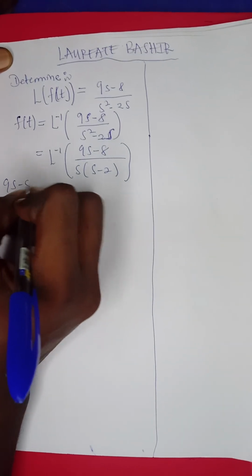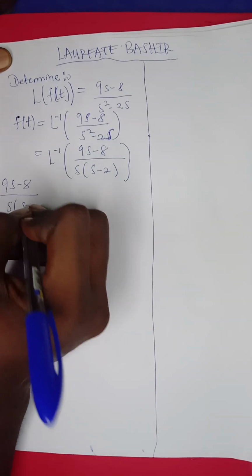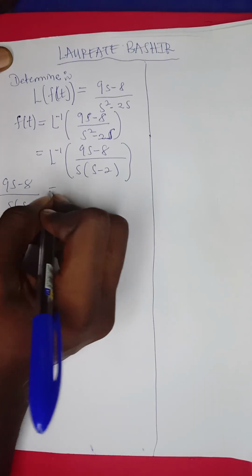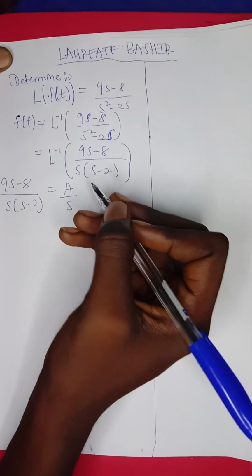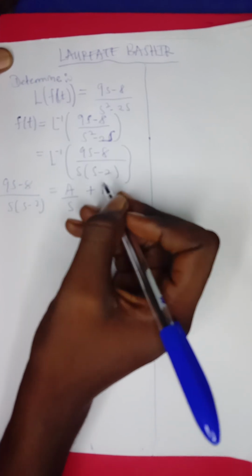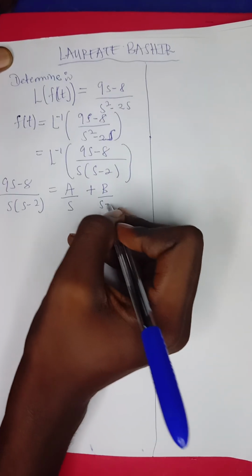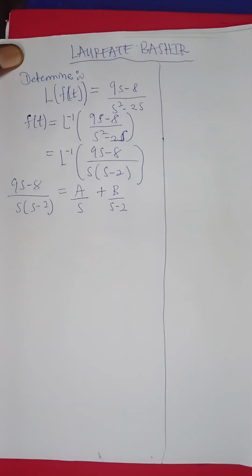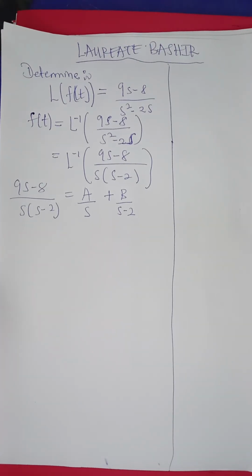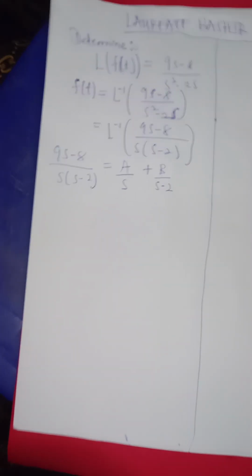So I set 9s minus 8 divided by s open bracket s minus 2 to be equal to A over s plus B over s minus 2. Hope I'm communicating.